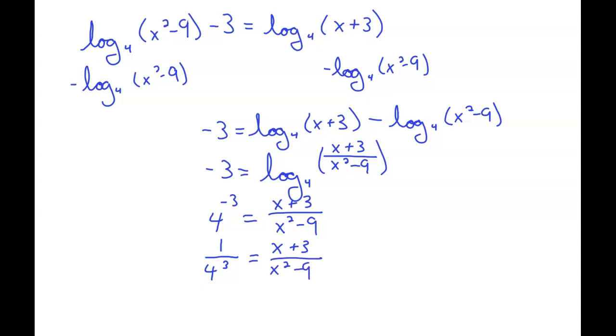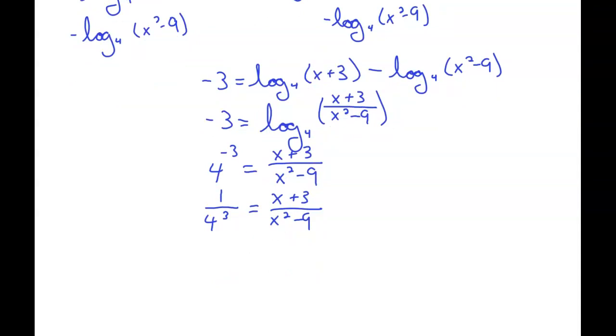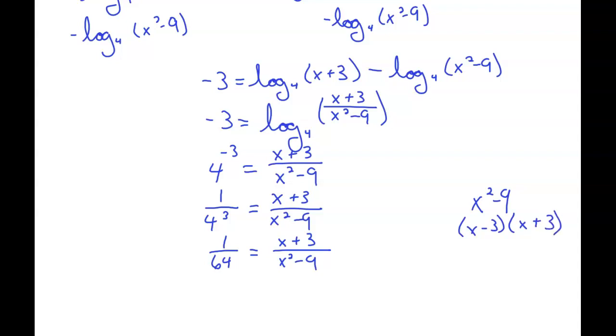So 4 to the third is going to be 64, so I have 1 over 64 is equal to x plus 3 over x squared minus 9. Basically I have a proportion here. I can cross multiply, or if you look at this x squared minus 9, it's the same thing as x minus 3 times x plus 3, if I factor this.